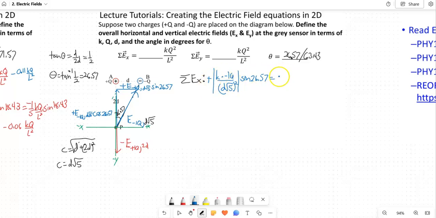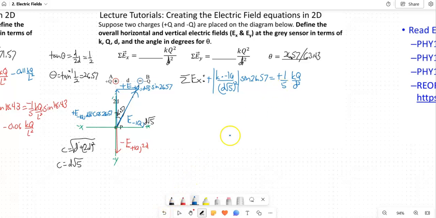So this is basically just positive 1/5 kq over d squared, and that should be d squared, yeah, d squared and d squared. Sorry about that.